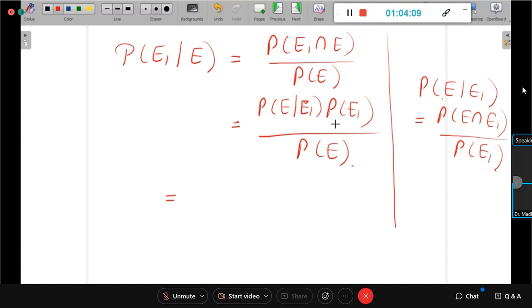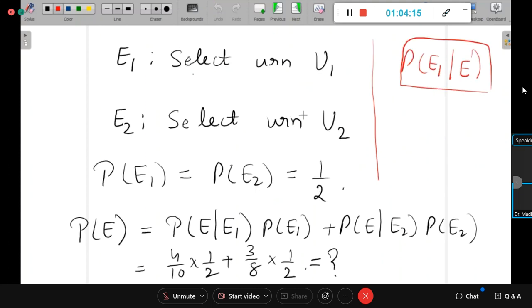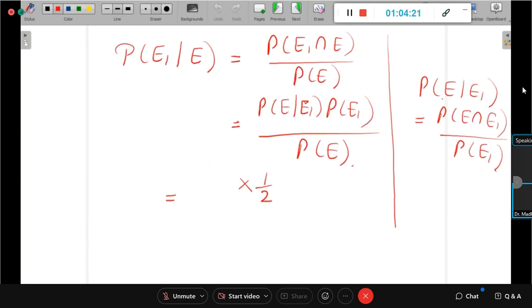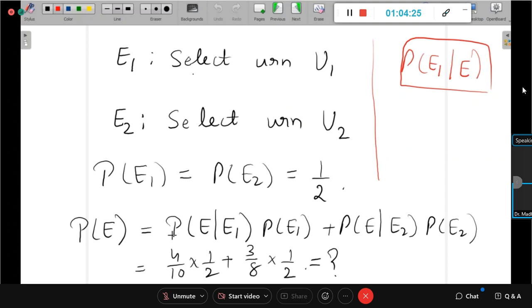Now this is nothing but probability of E given E1 times probability of E1. The probability of selecting urn 1 is 1 by 2. The probability of E given E1, that the drawn ball is red, is 4 by 10. So 4 by 10 into 1 by 2, divided by this.